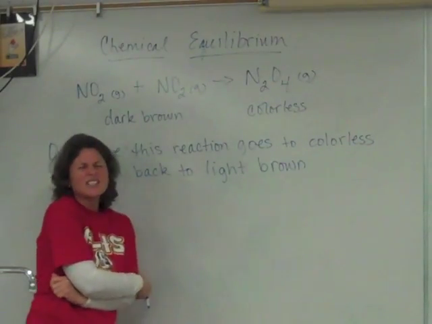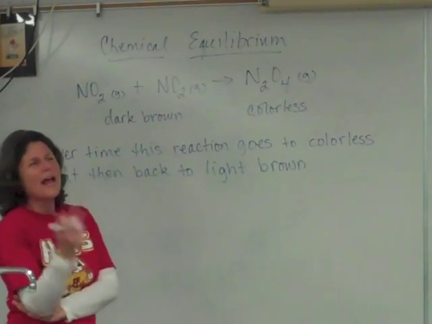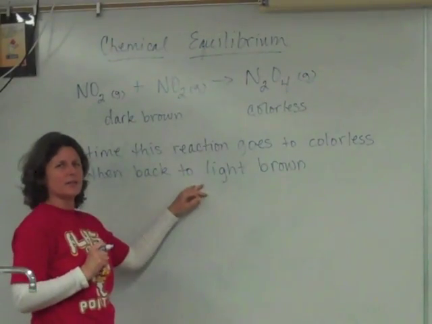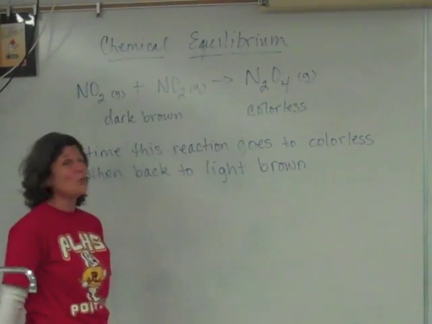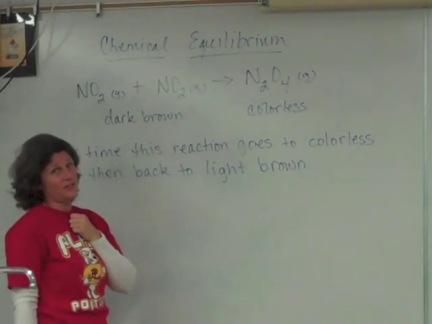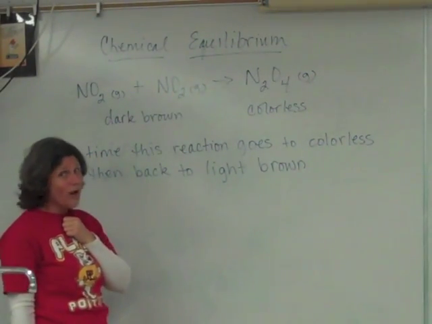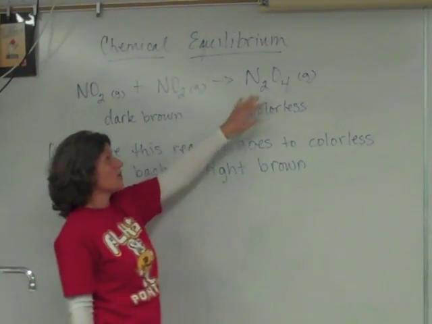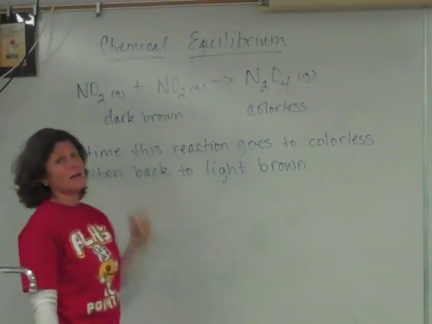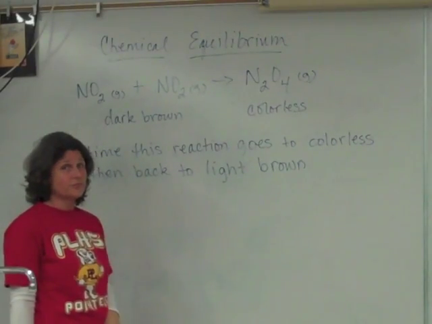And so what does that tell us? What has to be occurring for this to happen? Well, we must be having the reverse reaction occurring as well. The dinitrogen tetroxide must be decomposing back into NO2.